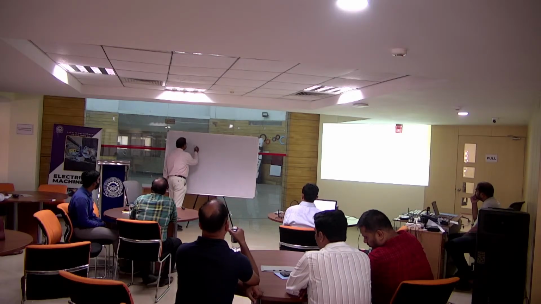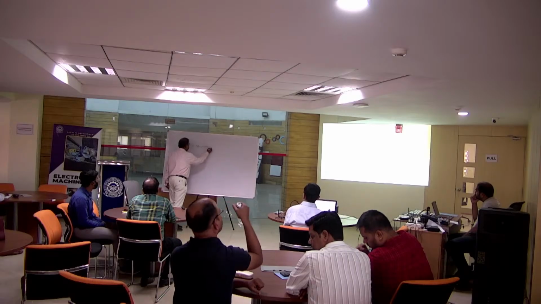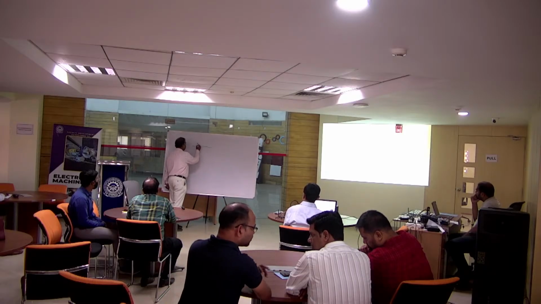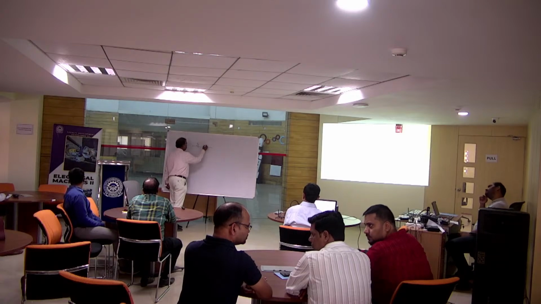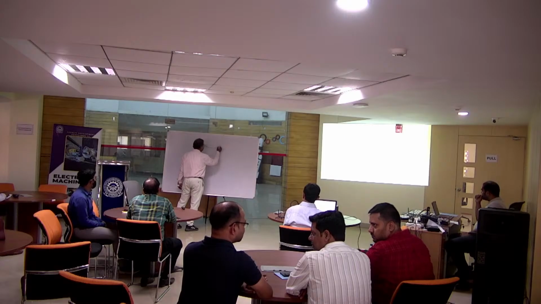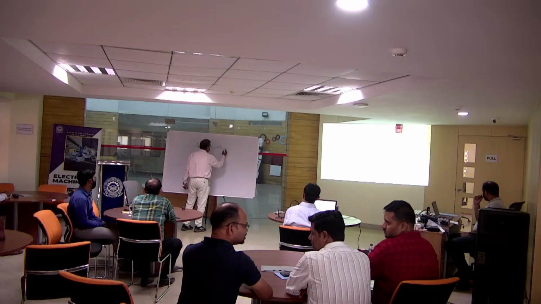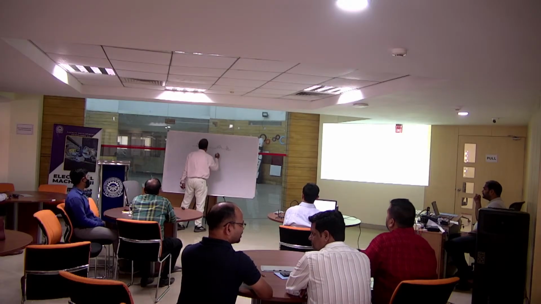So I am drawing the circuit. This is the stator resistance and stator leakage reactance, R1 and jX1. Then this side is rotor. You have jX2 dash and resistance R2 dash.